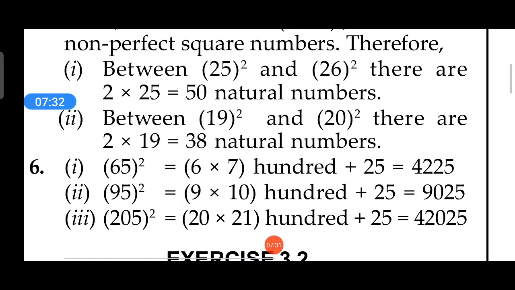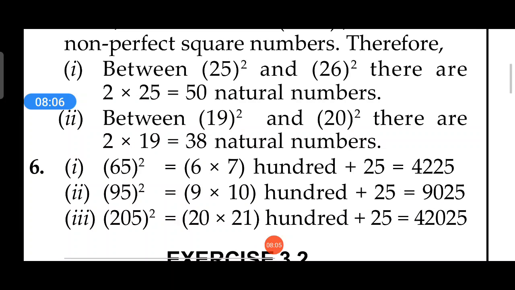So without multiplication we can get the square: 6 into 7, 9 into 10 and 20 into 21. Okay, so you can say 65 means one number multiplied with one additional number, 6 into 7, 100 into it, plus 25.